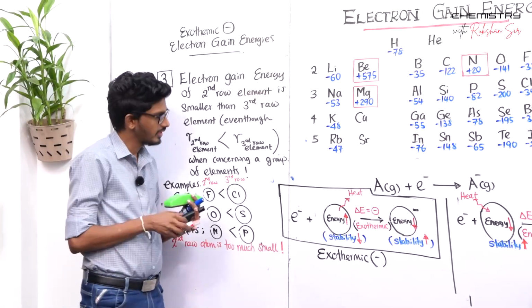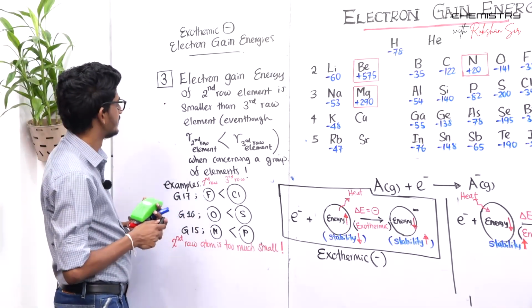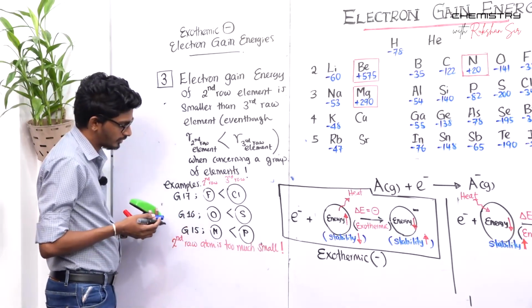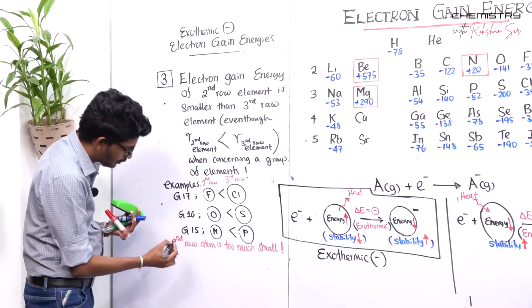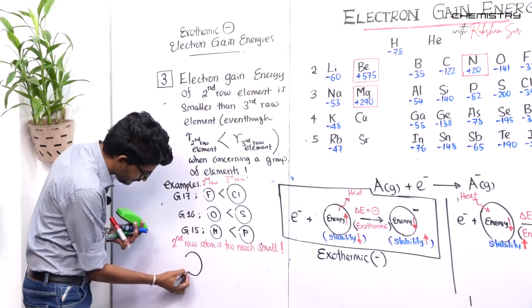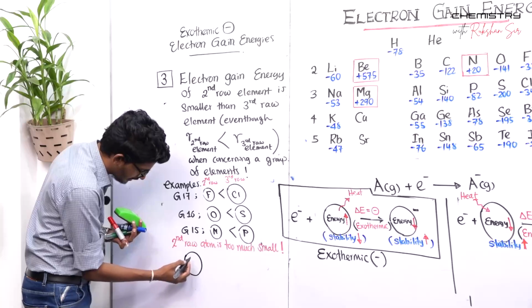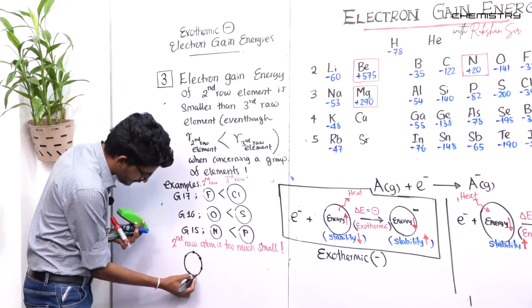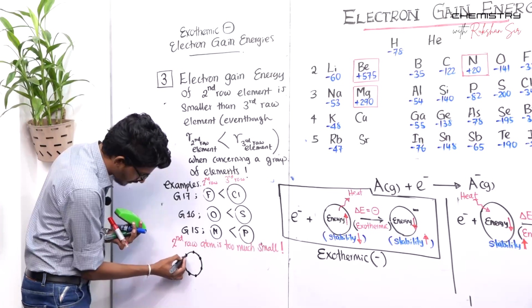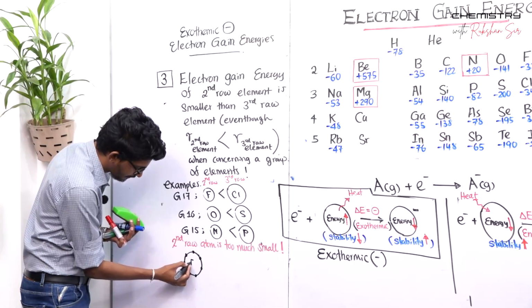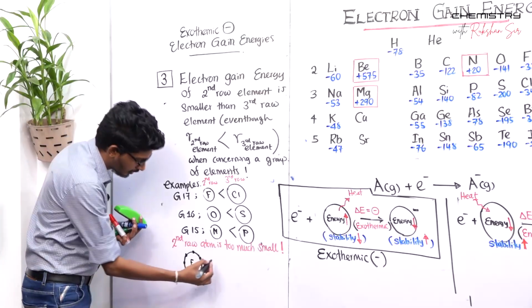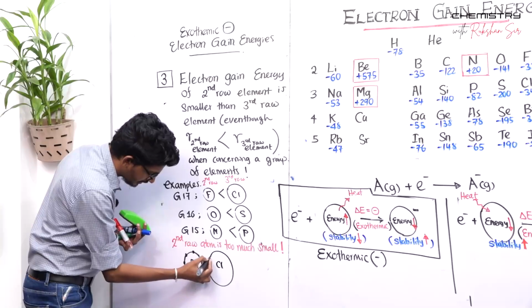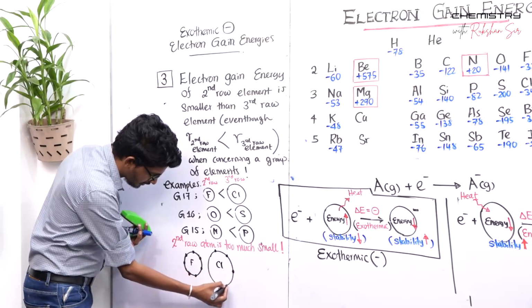So it's like this. When you are small, consider your atom, fluorine with 7 valence electrons, compared to chlorine, which is larger with 7 electrons.